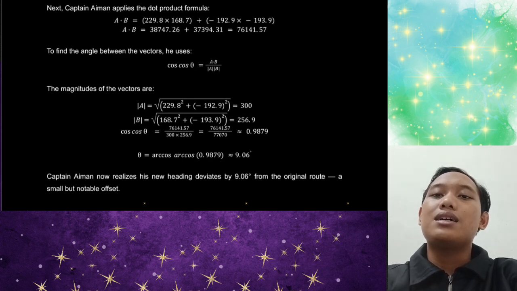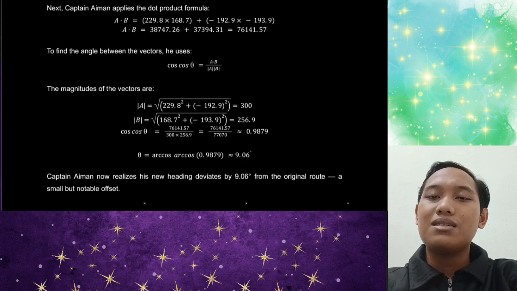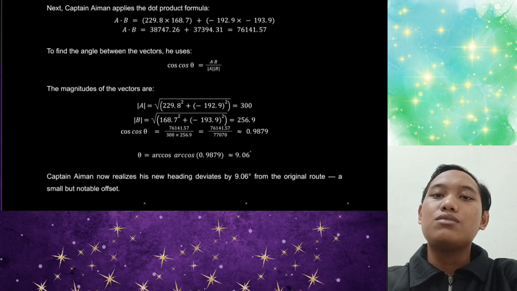Next, A dot B equals 38747.26 plus 37394.31, which equals 76141.57. To find the angle between the vectors, he uses cos theta equals A dot B over modulus A times modulus B.